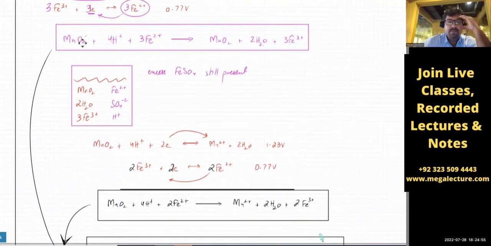The first molecule of MnO4 turns into MnO2. While the reaction is happening, there would still be Fe2+ left, right? So the MnO2 will then further react with Fe2+ to form Mn2+. So even during a reaction, things are in excess. They run out at the end, but while the reaction is happening, things are always available. Alicia, do you get the point?